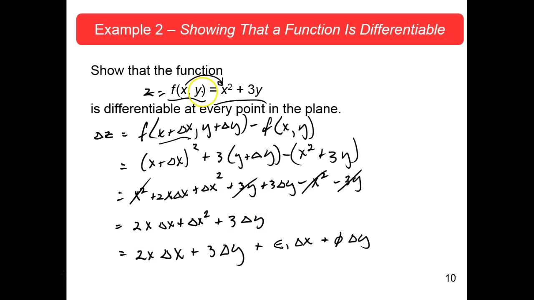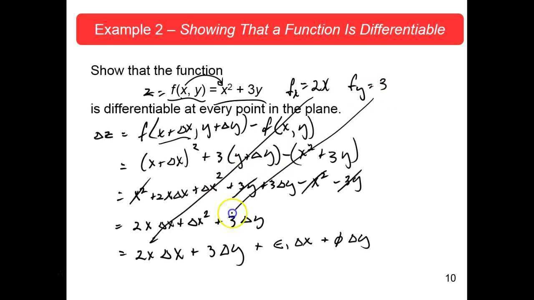Well, the reason I broke this up like this, what is f sub x? That's 2x, exactly what this is. And what's f sub y? That's 3. Okay? Exactly what this is. Now that leaves us an epsilon 1, this epsilon 1 would be a delta x.